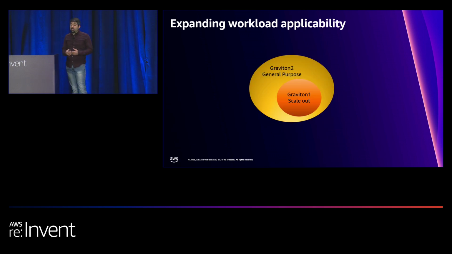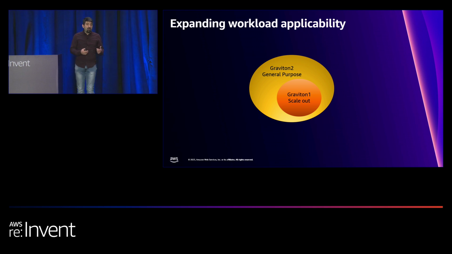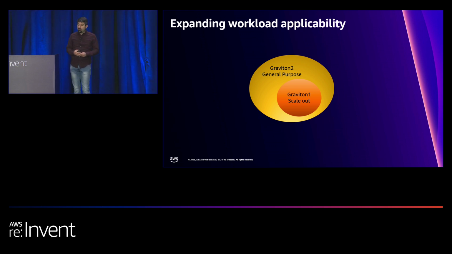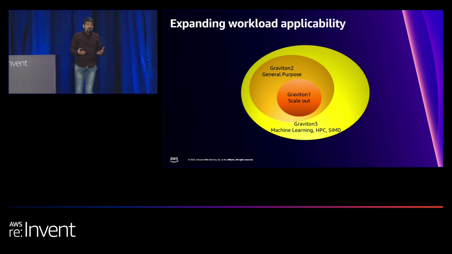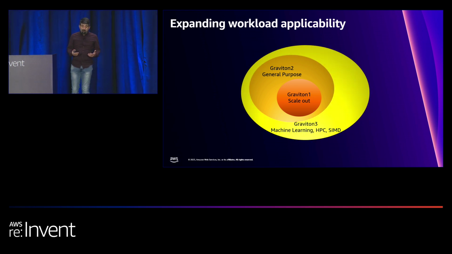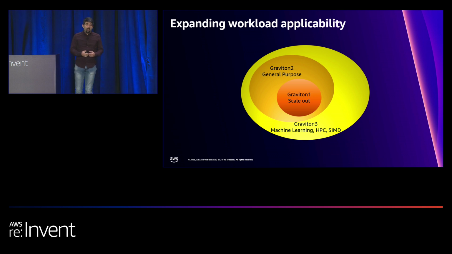We saw people running Go, Java, key value stores, databases, tons of workloads. With Graviton 3, they got 25% more performance, and we also expanded what was possible into machine learning workloads, with bfloat16 support and an additional SIMD width, HPC workloads, video encoding, and other math-heavy workloads.